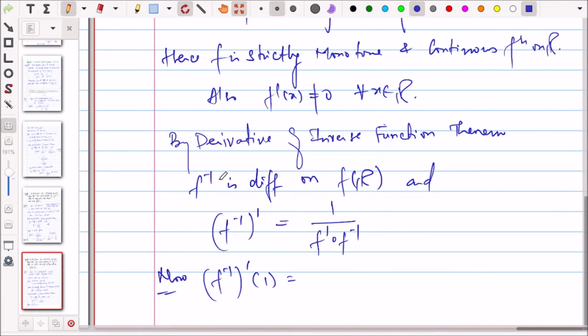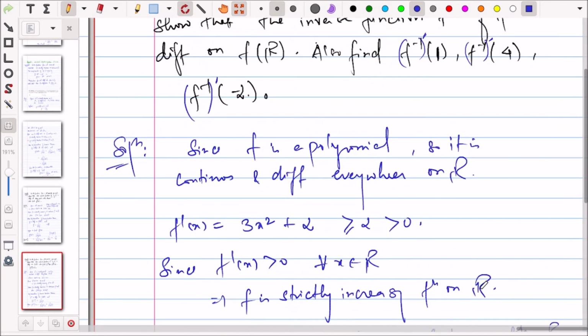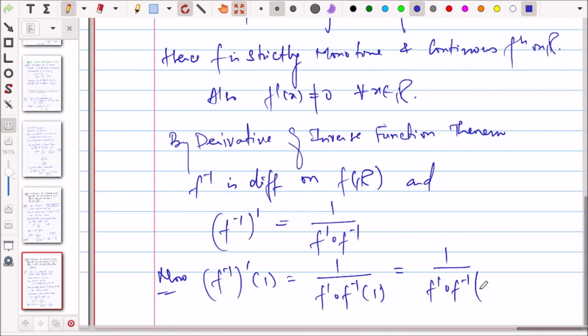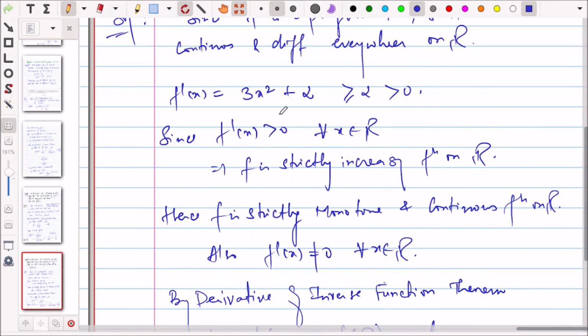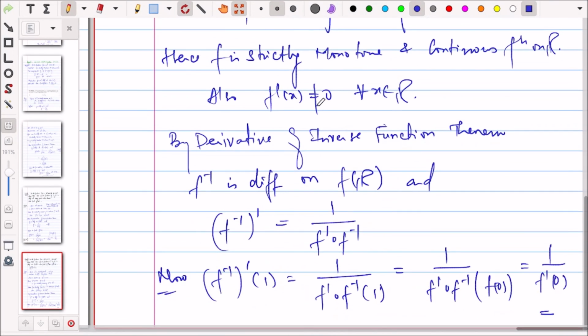So f inverse dash 1 is equal to 1 by f dash of f inverse 1, right, which is equal to, अब 1 कौन सी value पाएगा, 0 पे. Yes, it is coming out at 0. So this is your f of 0. So f inverse dash of f of 0 is 1 by f dash 0. And what is f dash 0? f dash x is this, so f dash 0 is 2.